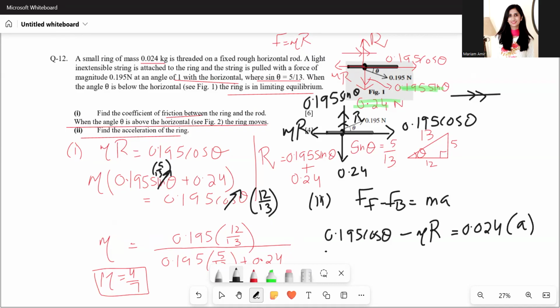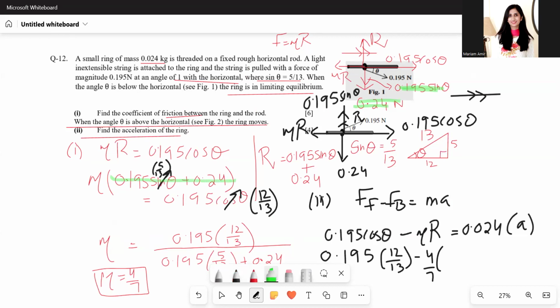Now we know these values. 0.195 cos theta, with cos theta being 12 by 13 as found earlier, minus mu, which is 4 by 7, times R.